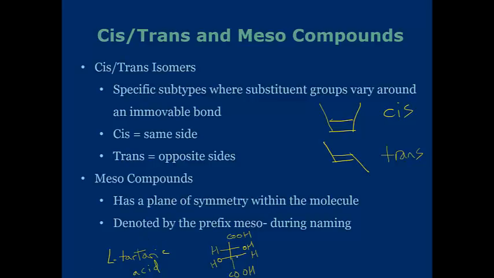R is simply just this flipped. However, tartaric acid can also have a meso orientation, which is noted like so. If it's written like this, and oriented like this, there's a plane of symmetry right across here. So this is noted as meso tartaric acid.